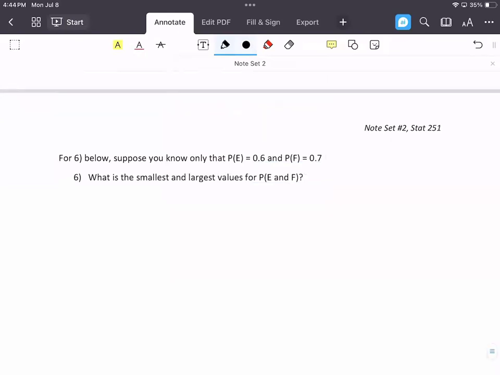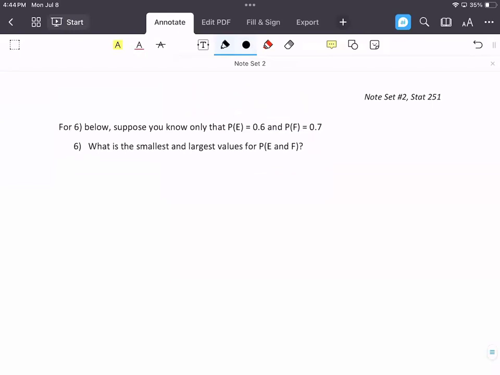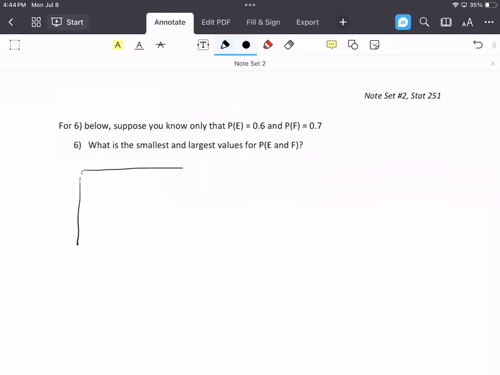So we want to know what is the largest and smallest values for the probability of E and F. So what I would suggest doing, and this is one time I would suggest a Venn diagram, is I would redraw it and think, okay, the probability of everything has to be 1. I have 0.6 for this one and 0.7 for the other one.